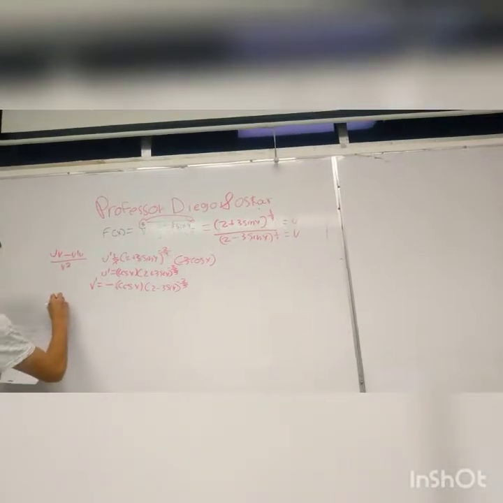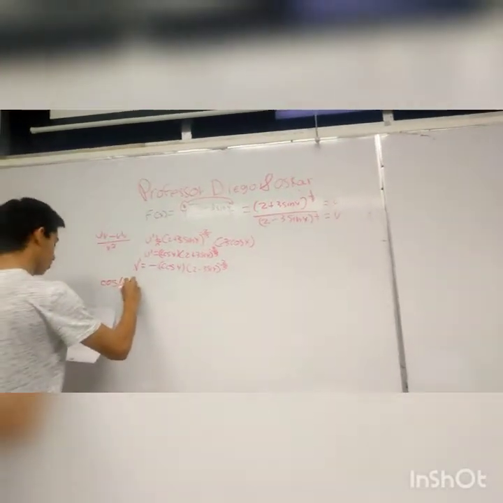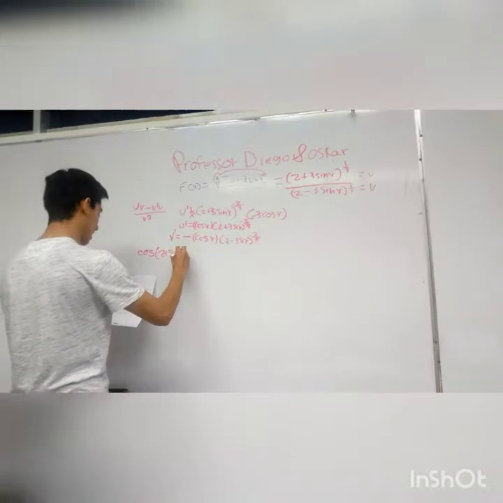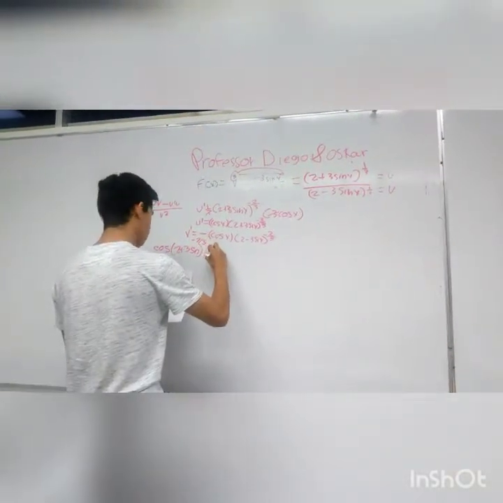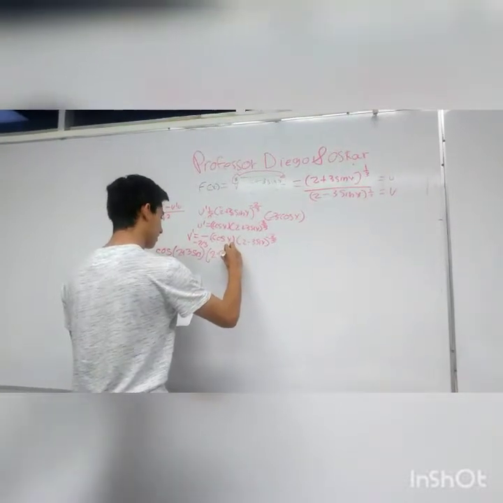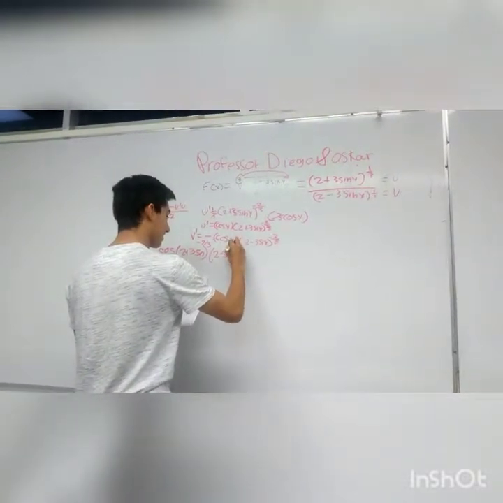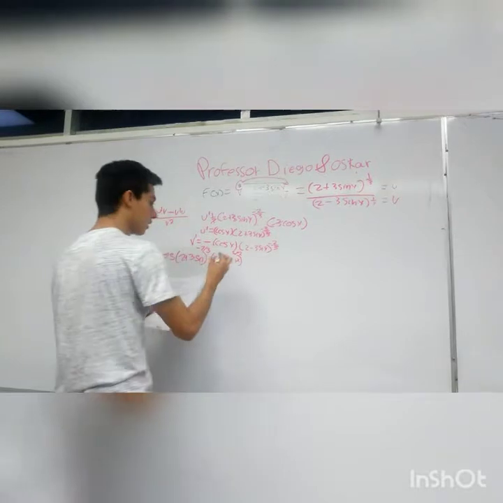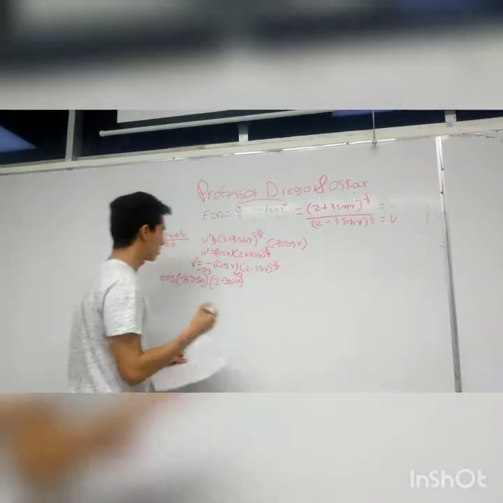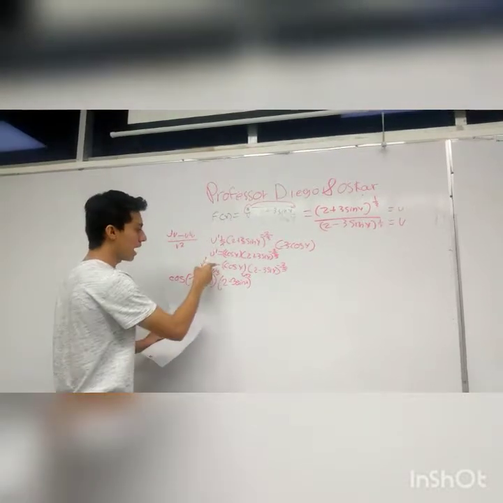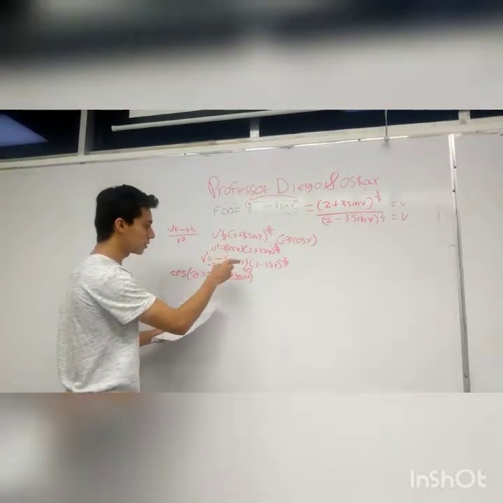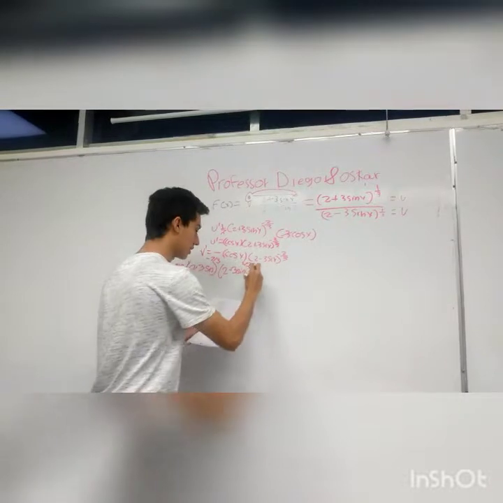What we're going to do is cos x times 2 plus 3 sine x to the minus 2 thirds, times 2 minus 3 sine x to the 1/3. Now, in the original equation it's going to be a negative sign, but because the v prime already has a negative cosine, we change it into a positive.